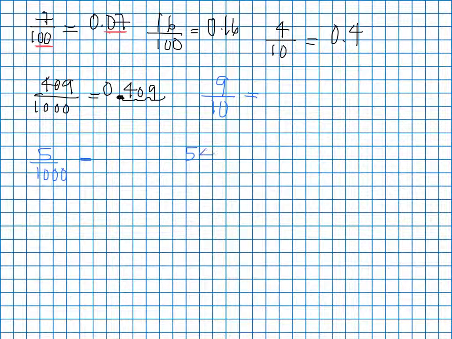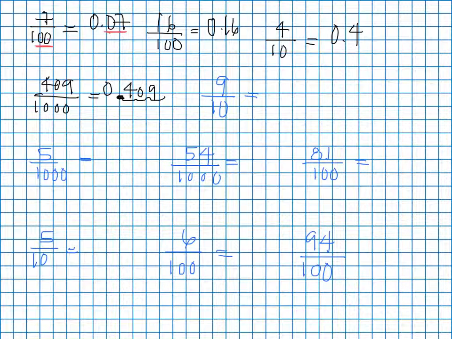54 thousandths, 81 hundredths, 5 tenths, 6 hundredths, and 94 hundredths.